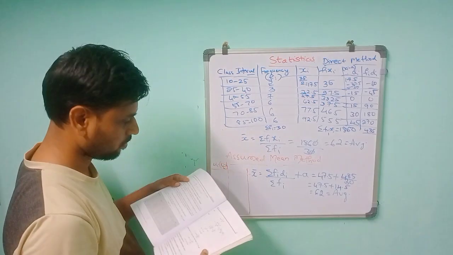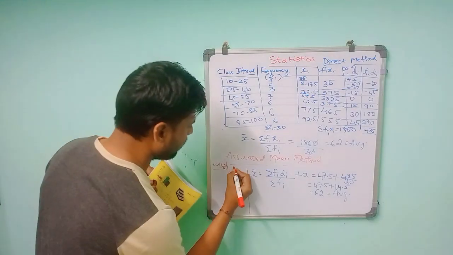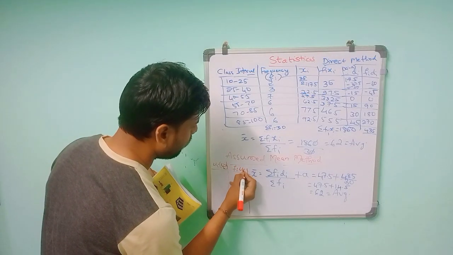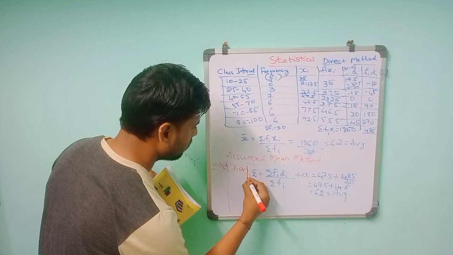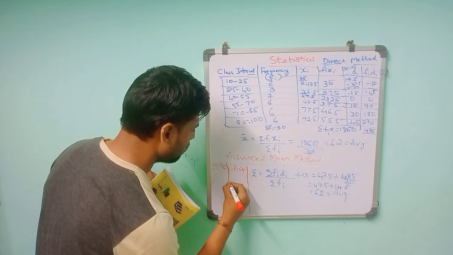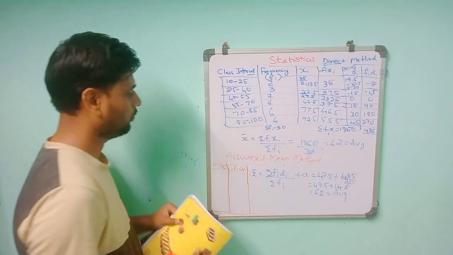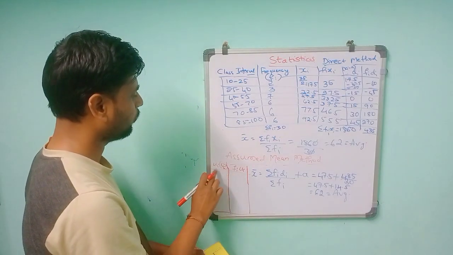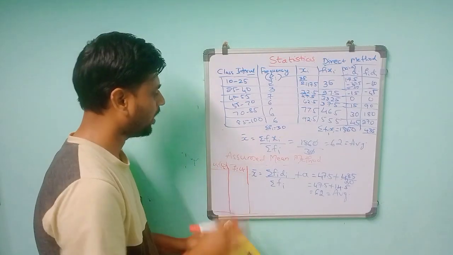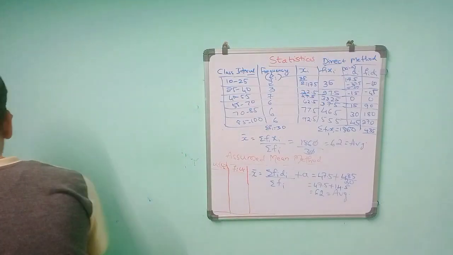Then fi ui. So ui and fi ui, you have to find two values. ui means xi minus a divided by h.